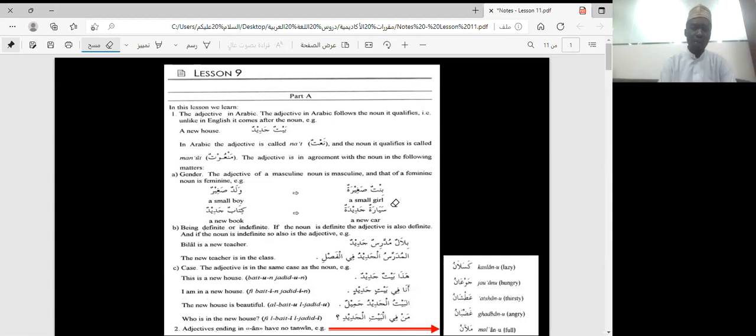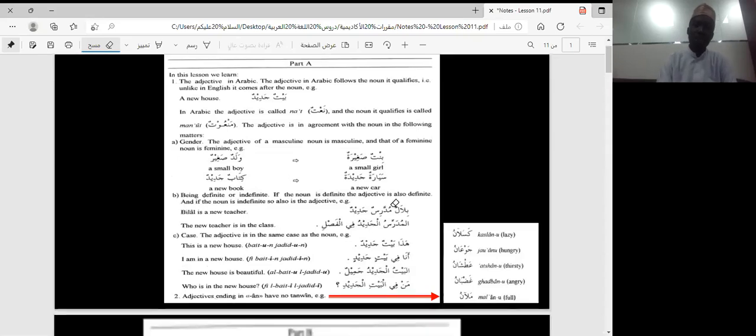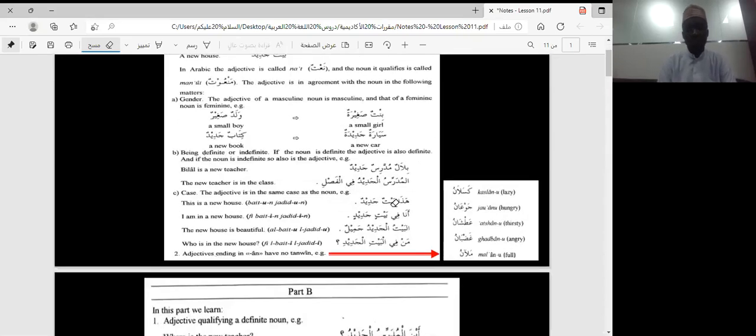Because the man'ut is mu'annath, feminine, the na'at should also be mu'annath, feminine. We have sayyaratun jadidatun, a new car. So that is the first one.